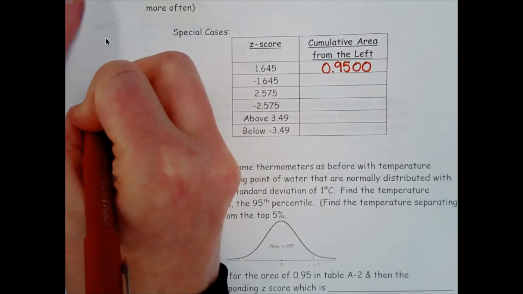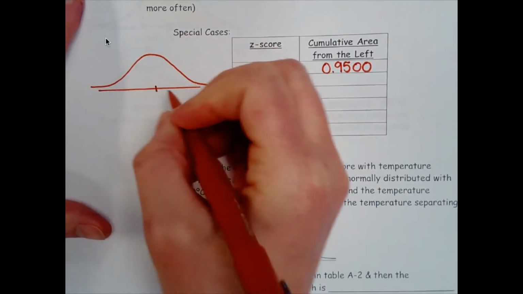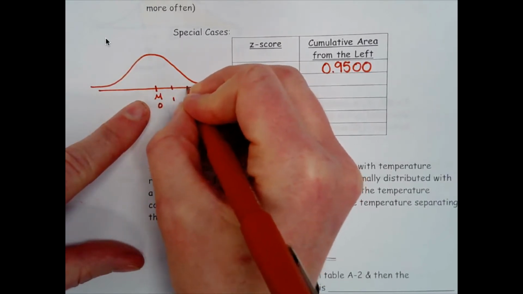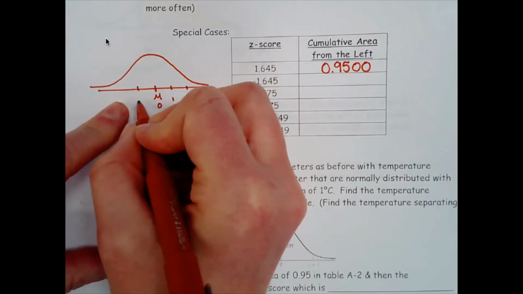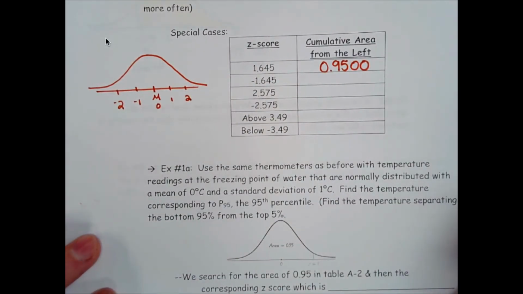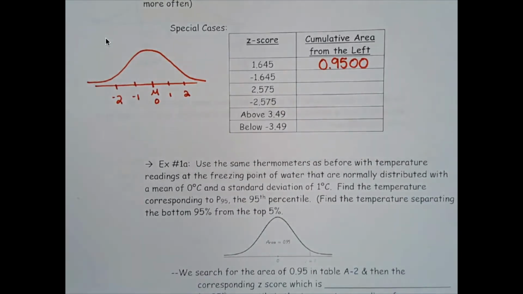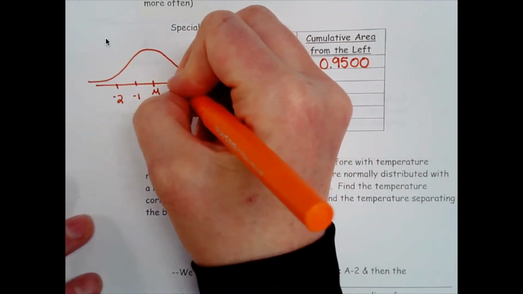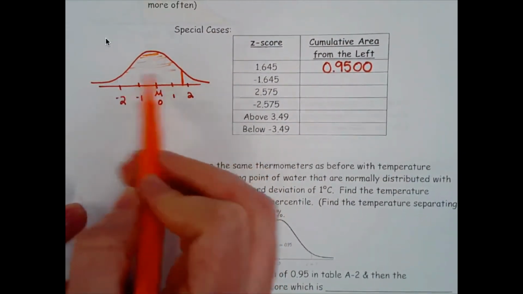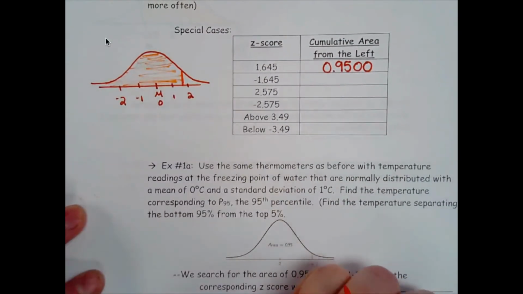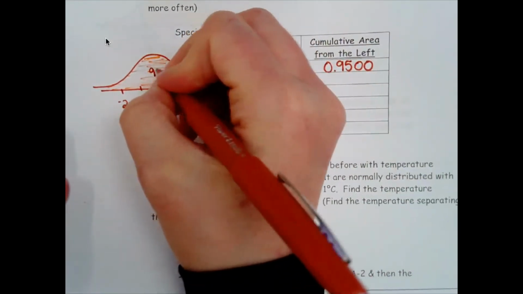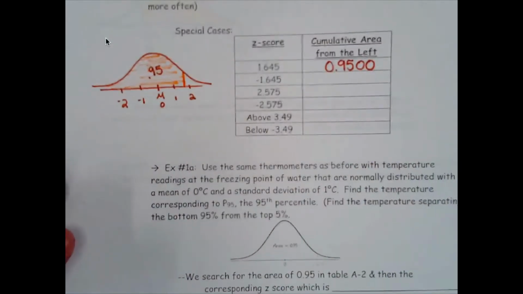Here's your mu at 0, and then you have 1, 2, and behind it is -1, -2. So 1.645 is right here, a little bit above 1.5. This area right there represents 95%, 0.95. That's what that's saying.